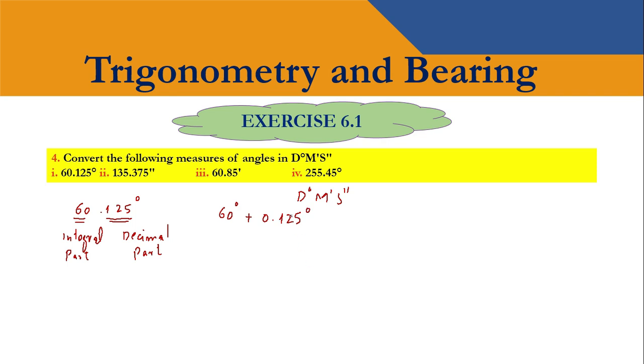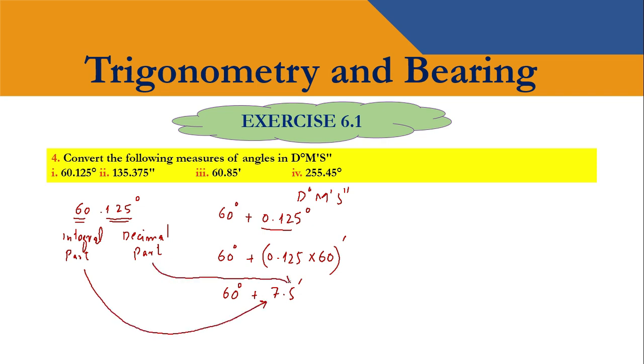0.125 degrees. Now we will convert this degree into the minutes. So 60 degree plus, if we want to convert the degree into minute, we have to multiply the degree with 60. This will convert this decimal part into the minutes. Now here is the 7.5 minutes. Now again, this part contains two parts. The first one is the integral part and the second one is the decimal part.